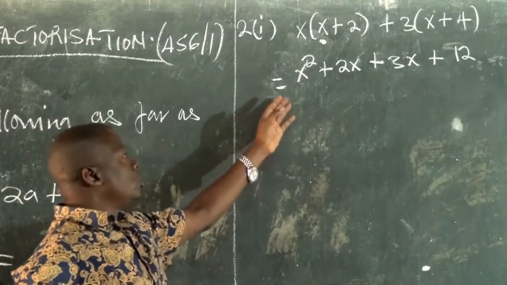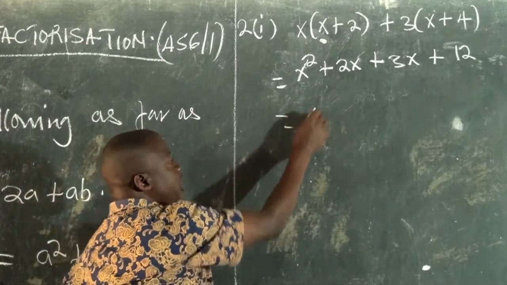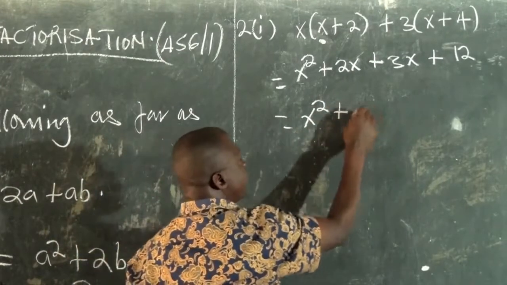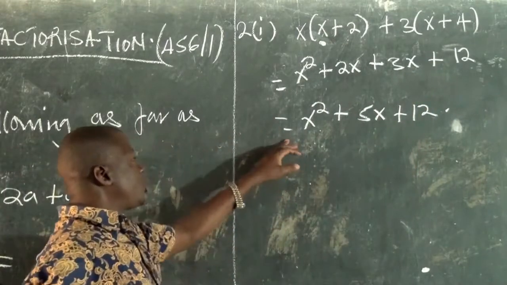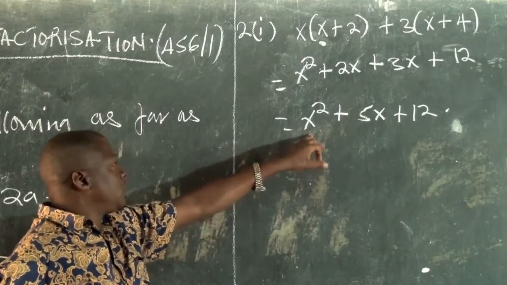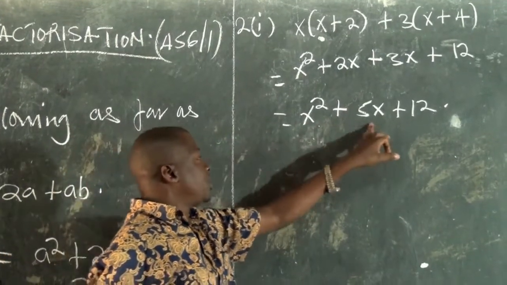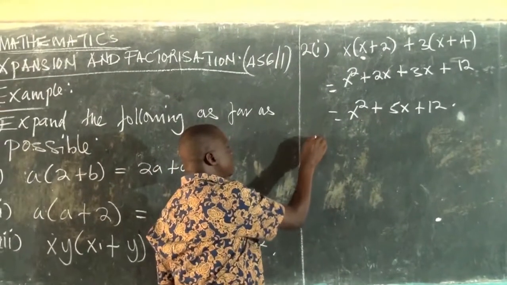Where possible, we collect like terms. This is supposed to be x squared plus 5x plus 12. This is what we call a quadratic equation in the form of x, that is x squared plus 5x plus 12. Let us look at Roman number 2.